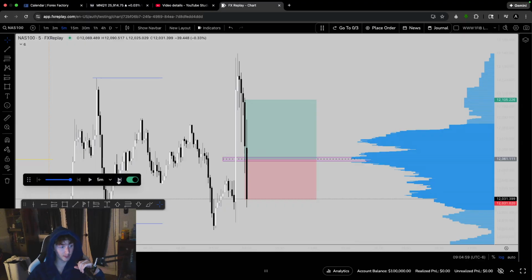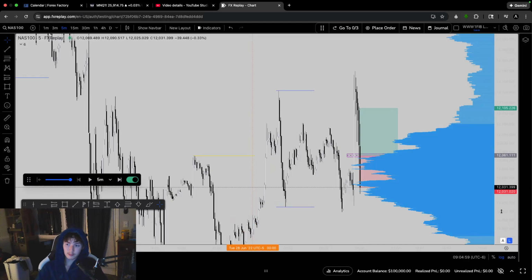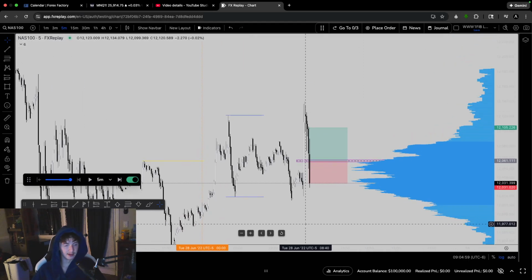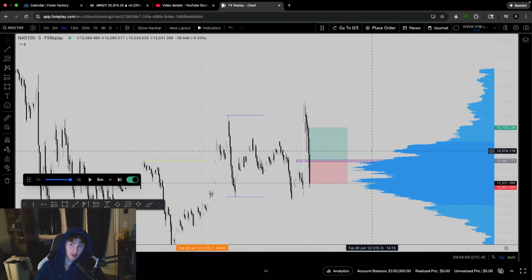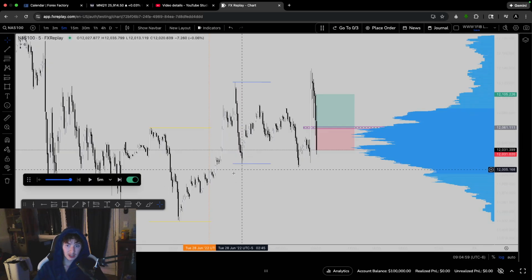Now, I don't know if that's because there wasn't a valid... well, honestly, here's why I think it didn't hit. We just swept London high and had a V-shaped reversal, and we're dumping, so we're probably going to want to go for the London low.